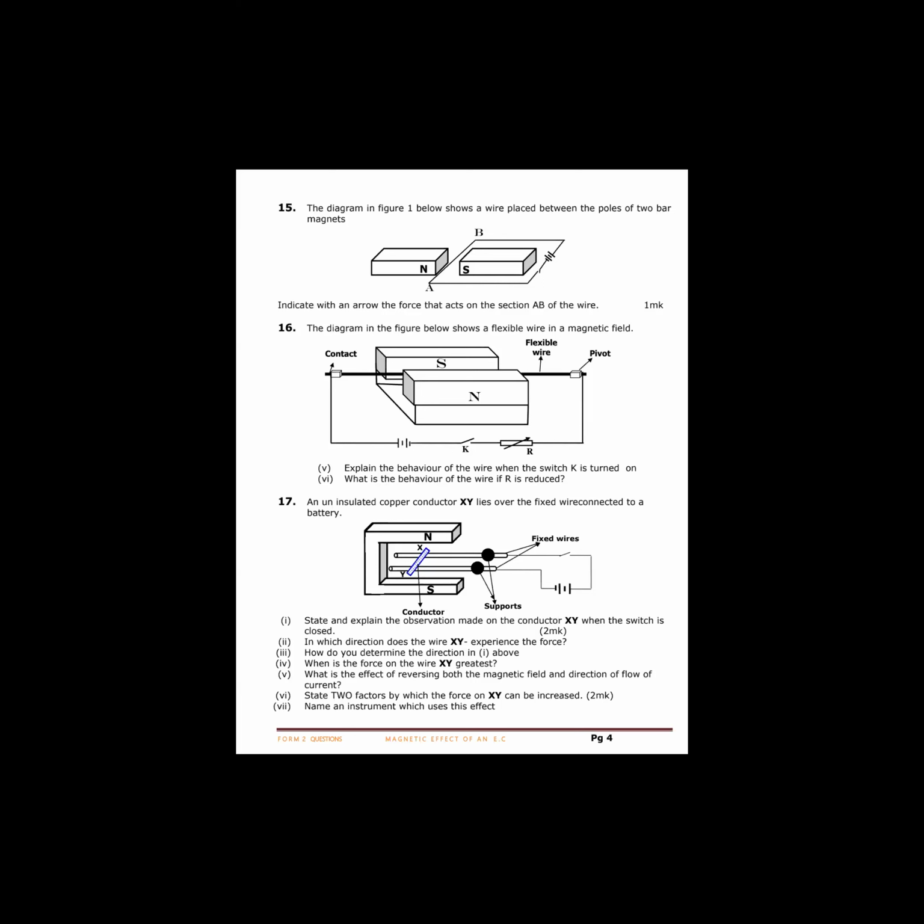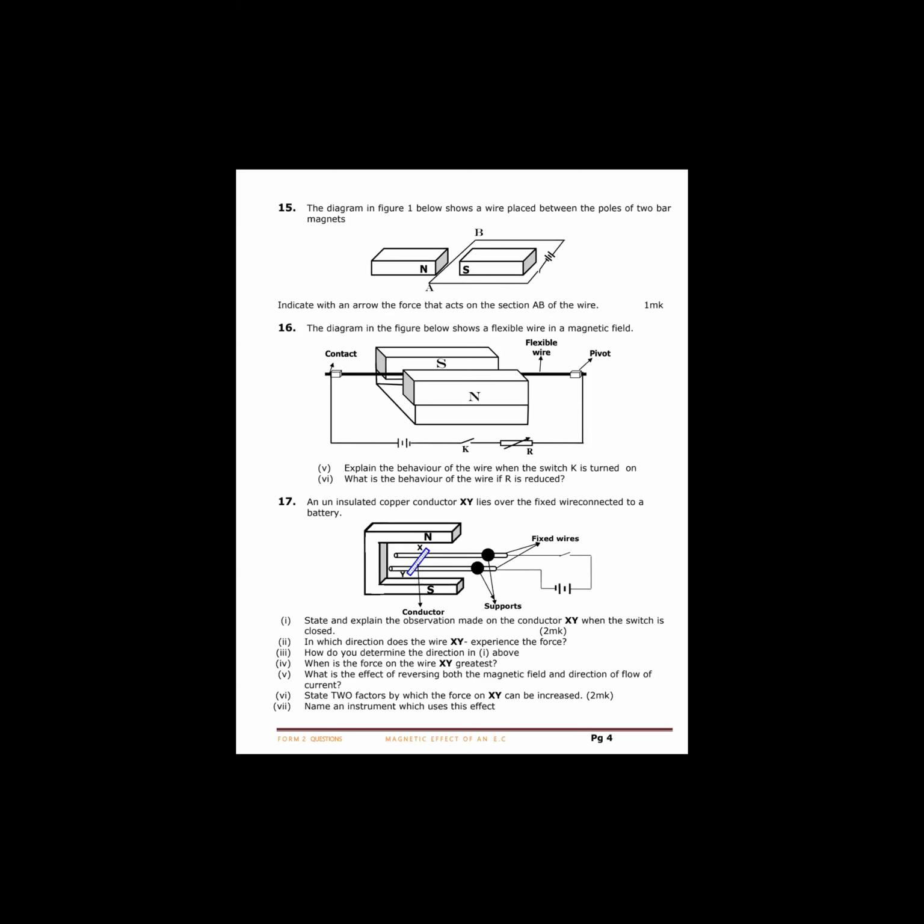State and explain the observation made on the conductor when the switch is closed. When the switch is closed, meaning current is connected, the current will flow. And the effect on the conductor XY, the conductor XY will move towards the supports.